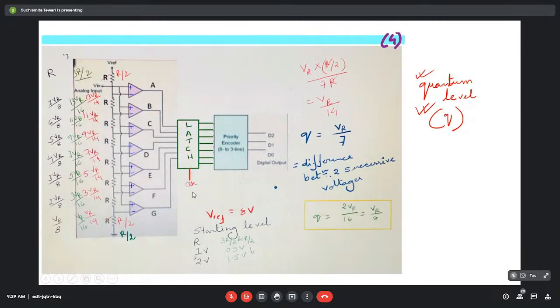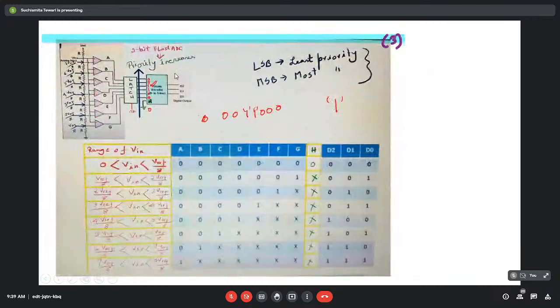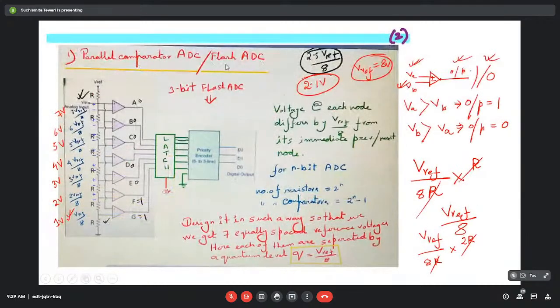So just one clock pulse. This is the fastest of the rest of the ADCs. That is why it is alternatively called the flash ADC. That is, in a flash, the input value is converted to the output value. Hence it is called the flash ADC.